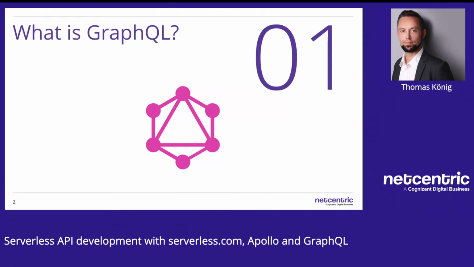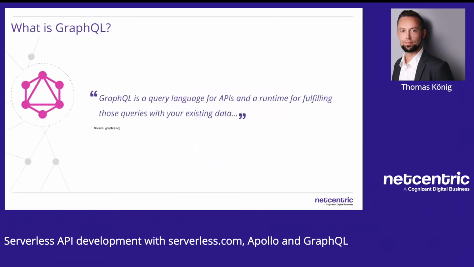And what is GraphQL actually? GraphQL is a query language for APIs and a runtime for fulfilling those queries with your existing data. So what does that mean? While REST is organized in resources and endpoints per resource that provide you fixed data structures, GraphQL grants you access to all data of your API.